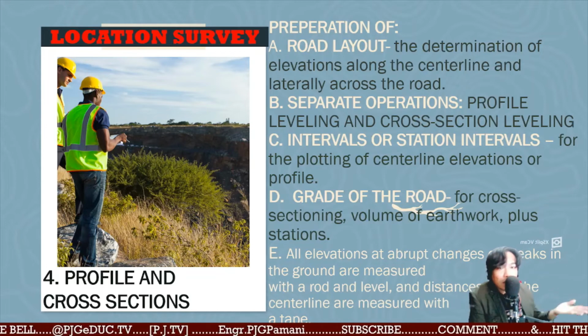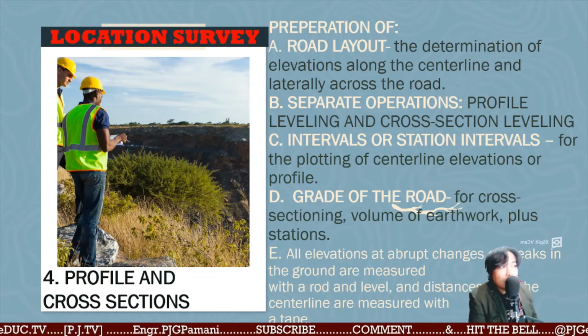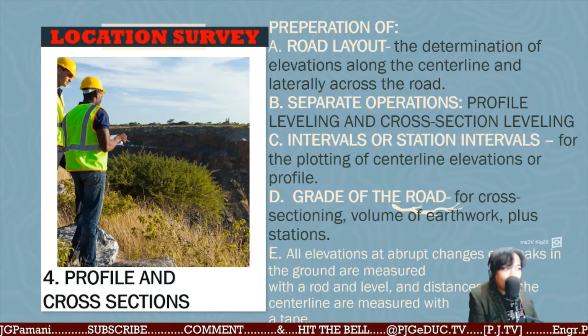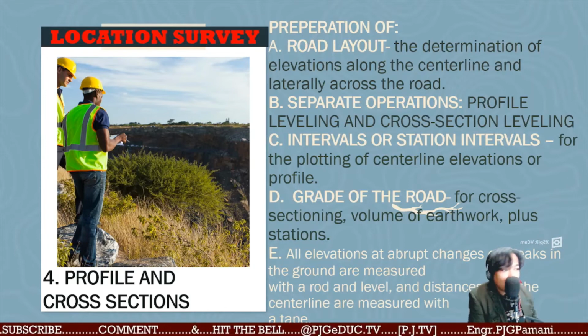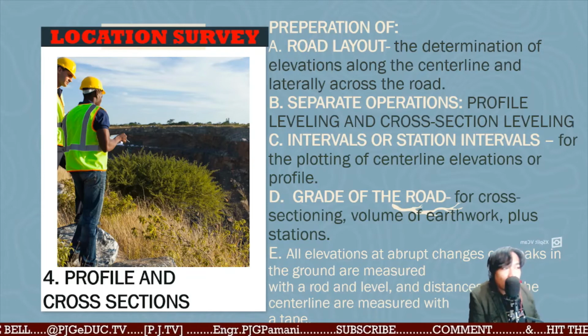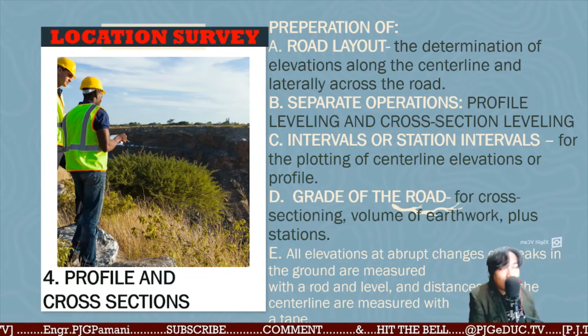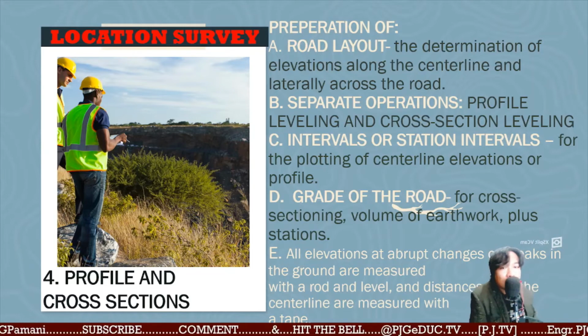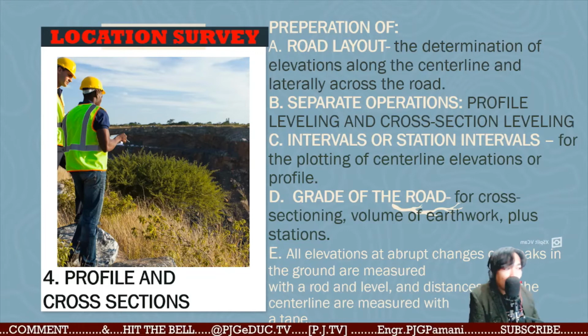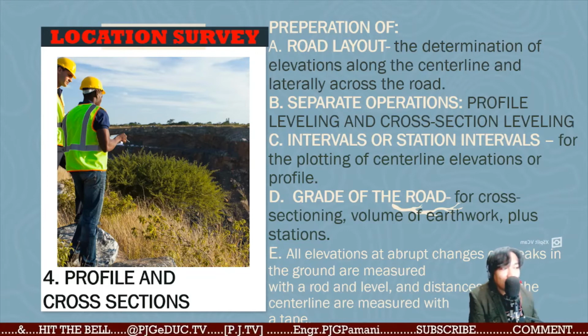We have road layout for vertical curves, separate operations for vertical sections, which is your profile leveling and cross section leveling, and station intervals for the plotting of center lines, elevations, or profile, or the points at which in our road build-ups we are going to be placing our culverts, drainage sections, intersections, and so forth and so on. Grade of the road for cross-sectioning, the volume of earthwork, plus stations.